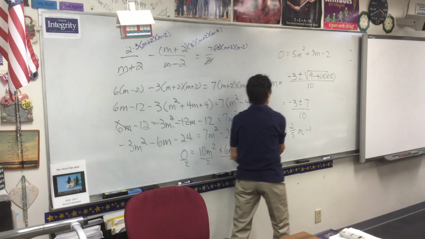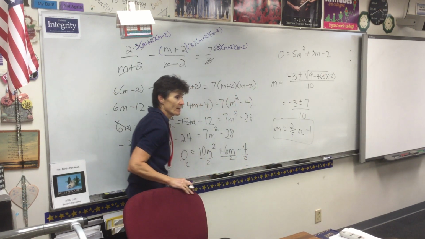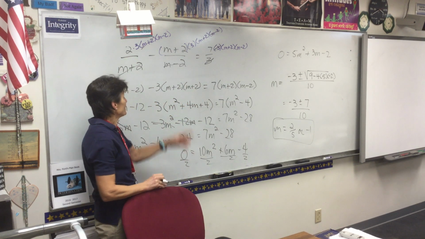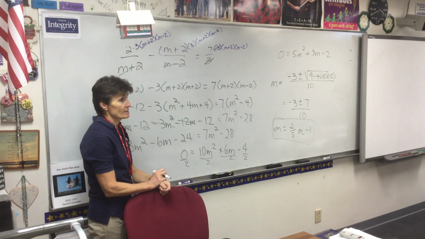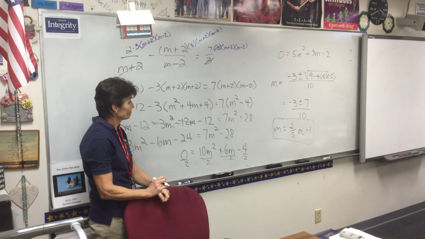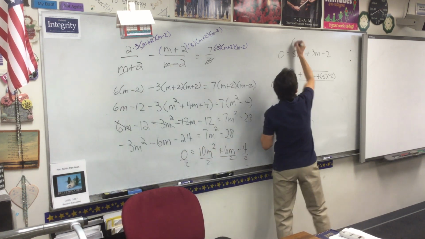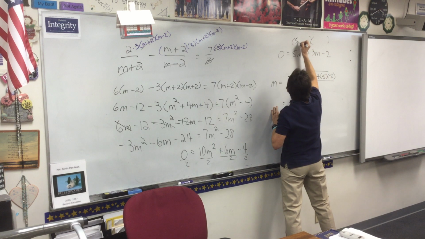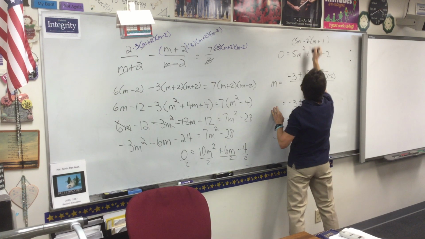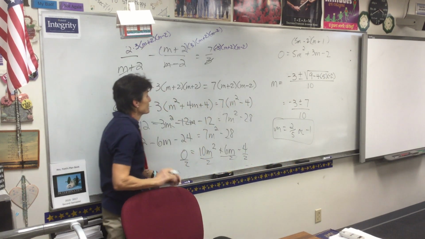Neither of those is extraneous, so that's the answer to the problem. How do I know neither of those is extraneous? They don't give me a 0 in the denominator. So this did factor, and certainly if they factor, you're welcome to do that. And it would have given us the same answers.